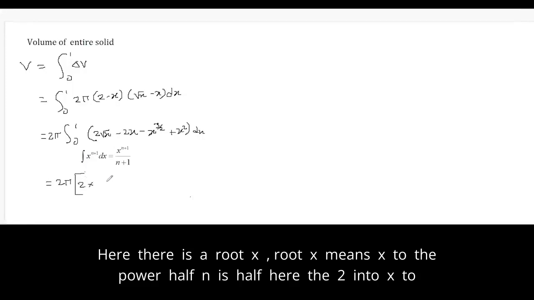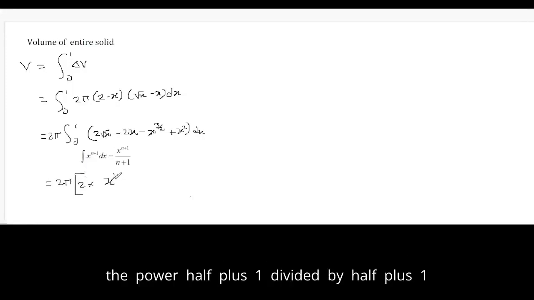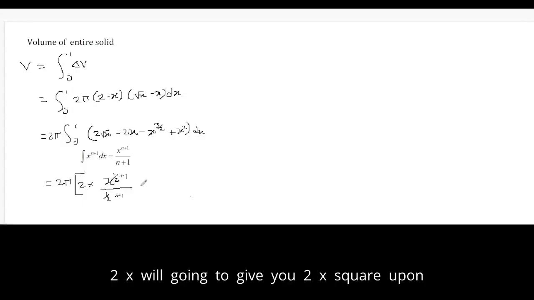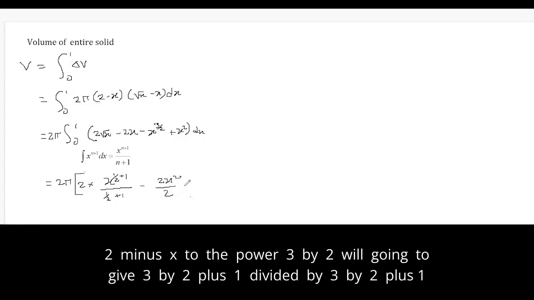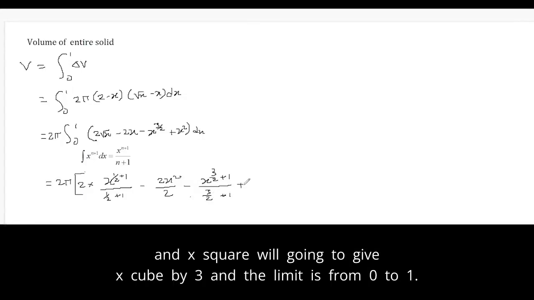So 2 into x to the power half plus 1 divided by half plus 1. 2x gives 2x square upon 2. x to the power 3 by 2 gives x to the power 3 by 2 plus 1 divided by 3 by 2 plus 1, and x square gives x cube by 3, and the limit is from 0 to 1.